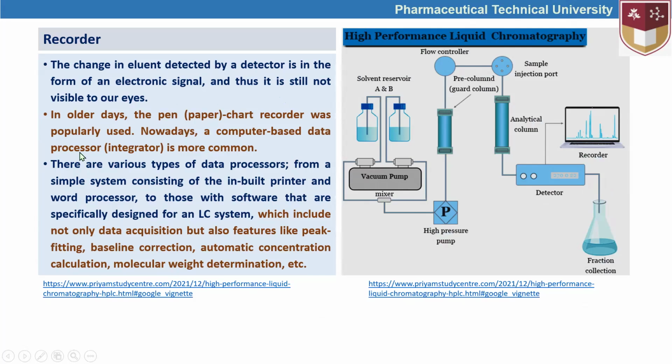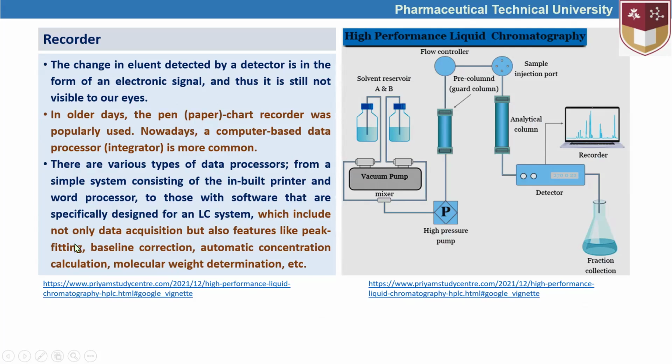Nowadays, a computer-based data processor, termed an integrator, is more common. There are various types of data processors, from a simple system consisting of an inbuilt printer and word processor to those with software specifically designed for a liquid chromatography system.